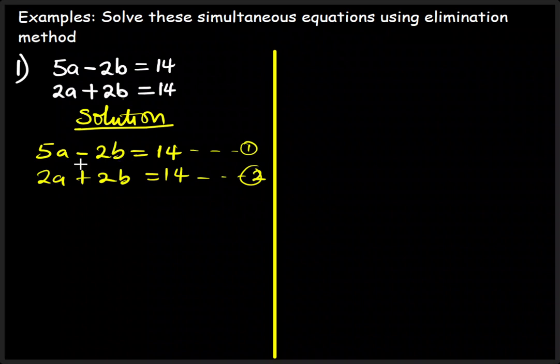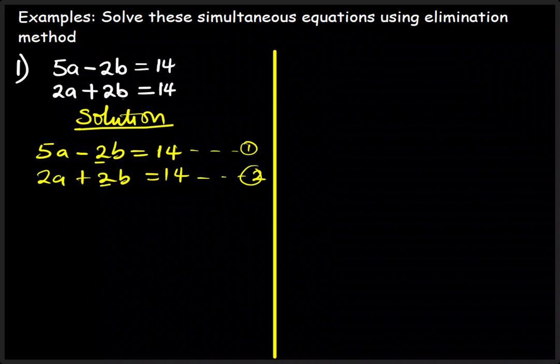Then B carries coefficient of minus 2 and B carries coefficient of plus 2. So we can see that we have what we need, 2, 2. We have the coefficient there to be the same. So in this question, they've already made the coefficient of one of the variables to be the same. So we are not going to have much work to do here.